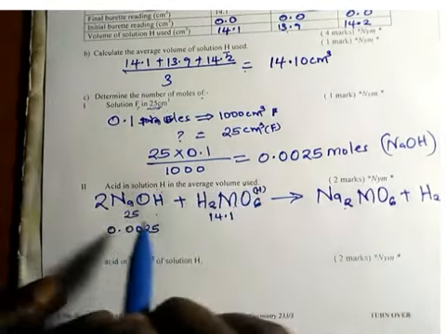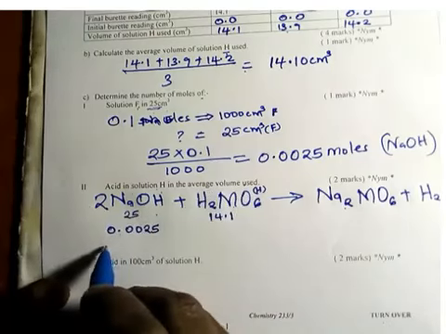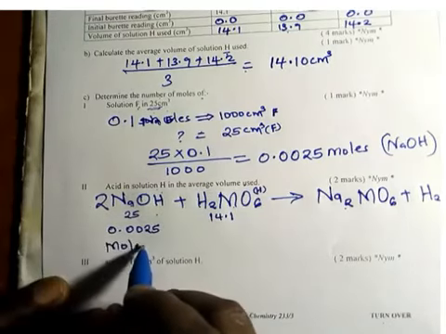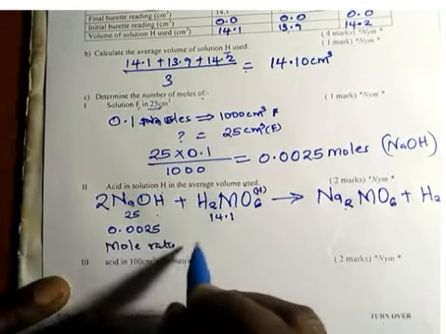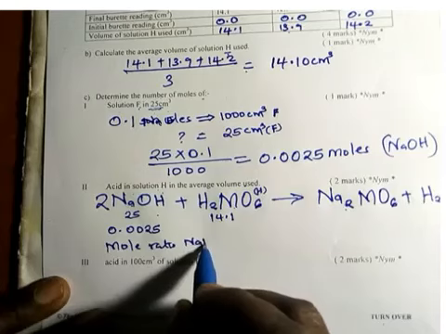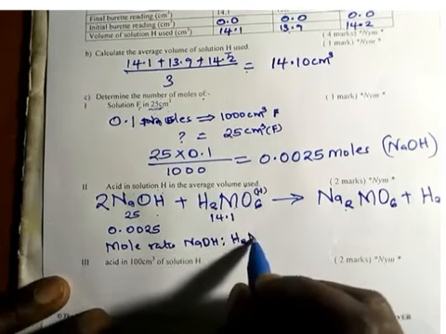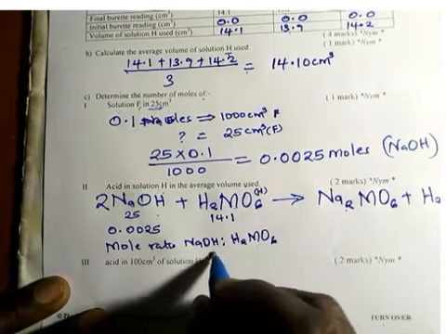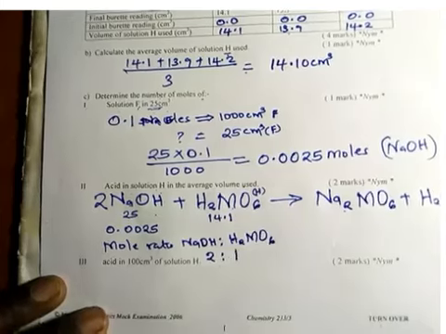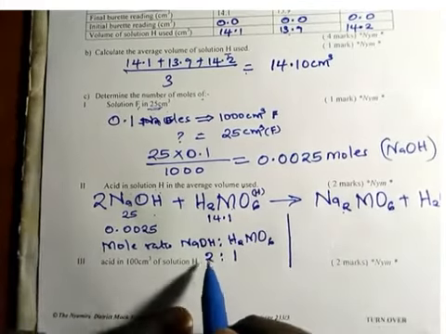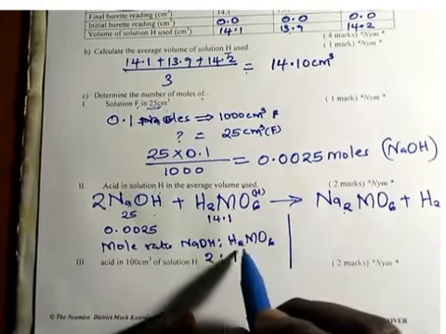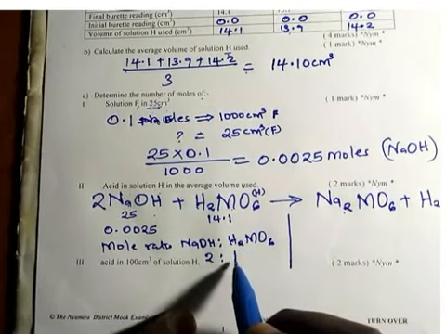Because you can see the mole ratio of sodium hydroxide to H2MO6 is 2 to 1, the number of moles of the acid will be a half.